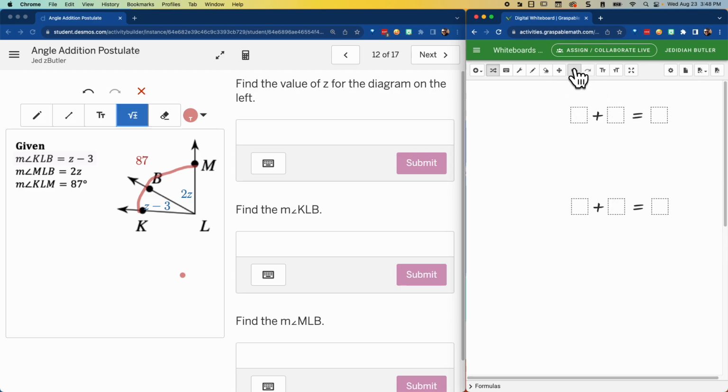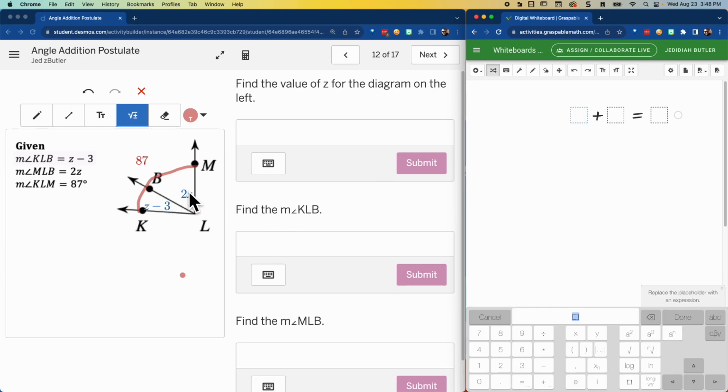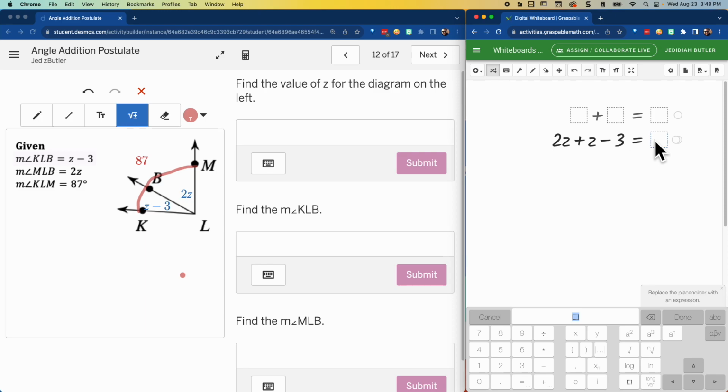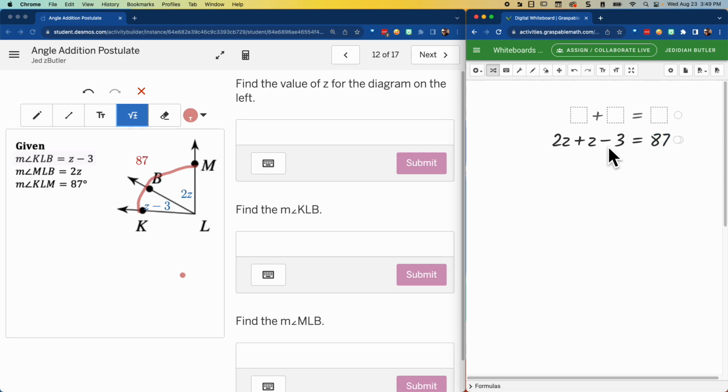I could fill it in as I go. All right, so let's look at this piece. I do have the 2 pieces, which is 2Z and Z minus 3. I could put them in either order, so 2Z and Z minus 3. And together, they total to 87.